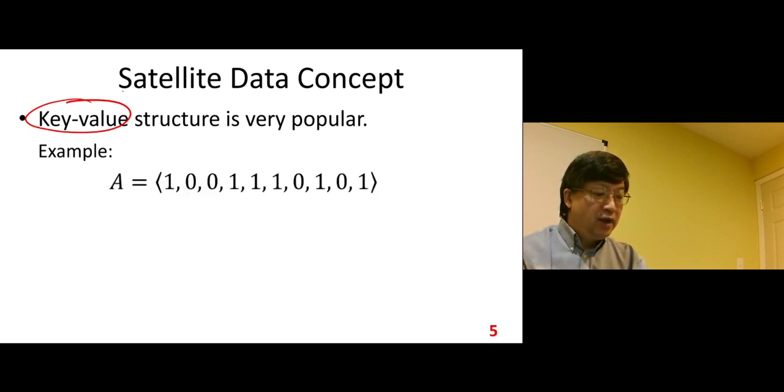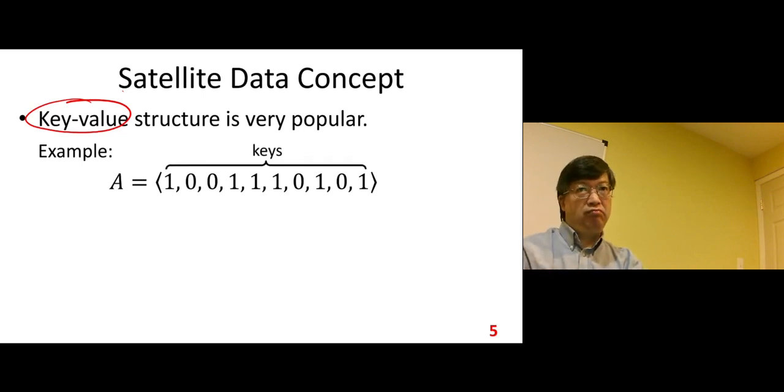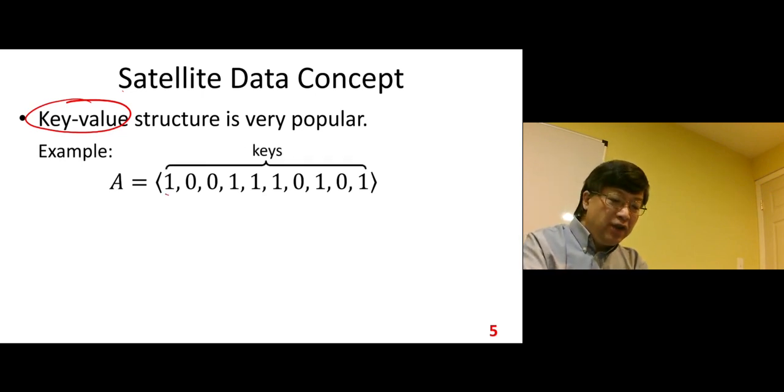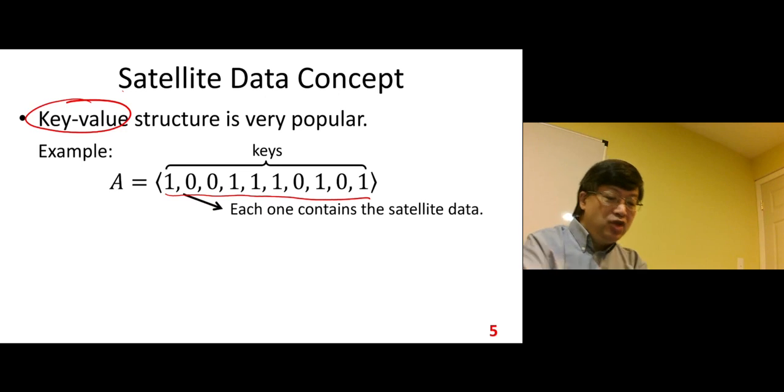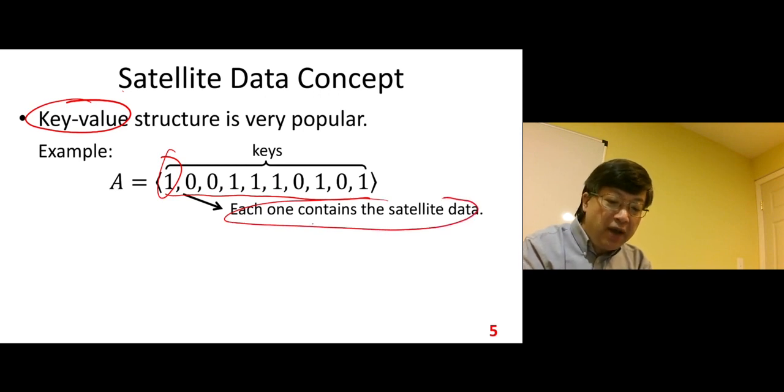In this example, suppose these elements have the key-value structure. These values are keys. But for each element, other than the key, there is some satellite data associated with the key.